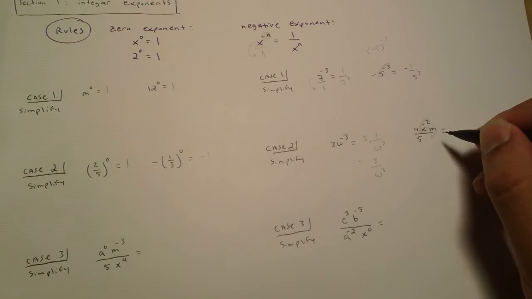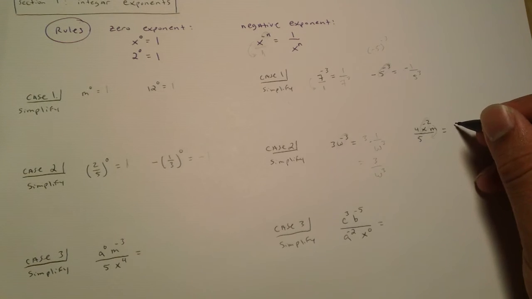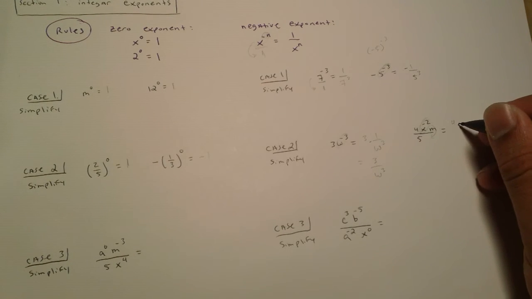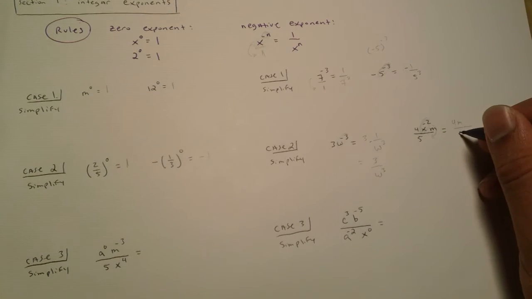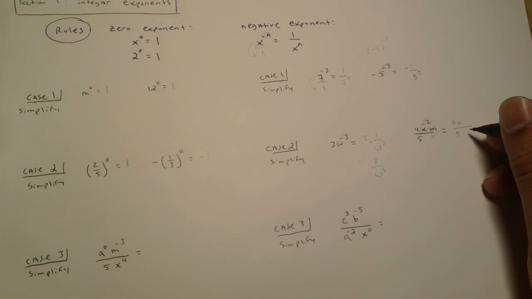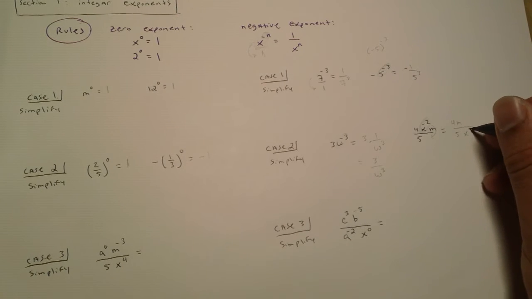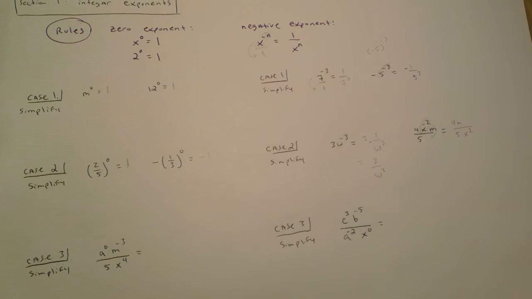So we just move it downward to the denominator, and left over on top we have 4m over 5 times 1 over x squared. And that's it.